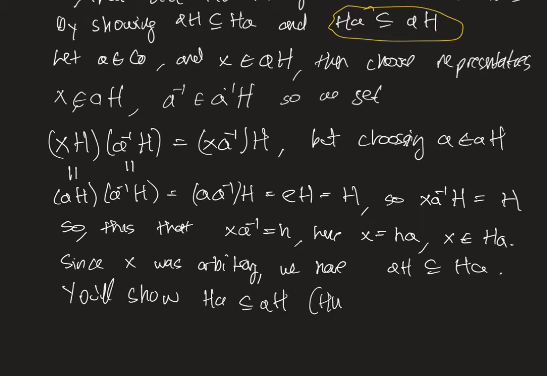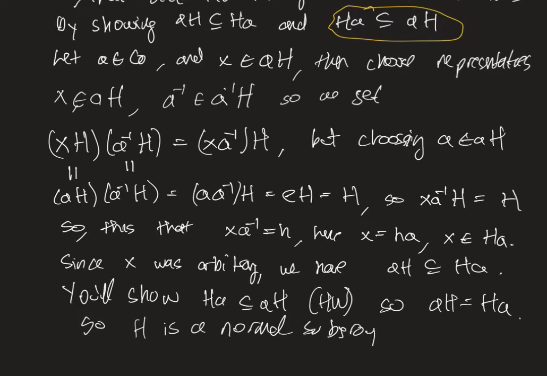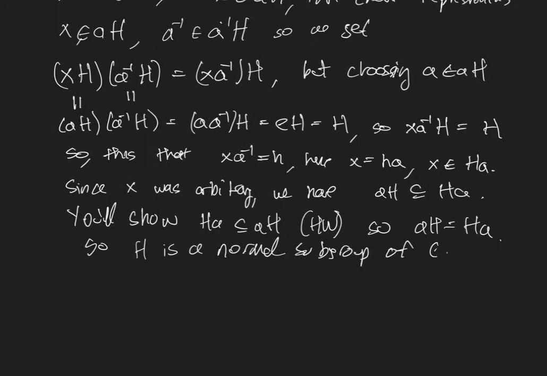So we get that aH equals Ha. So H is a normal subgroup of G. So that proves one direction of the statement, but it's an if and only if statement. So now we need to show the other direction.